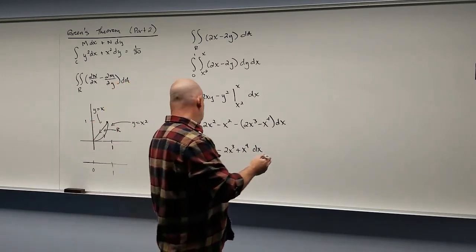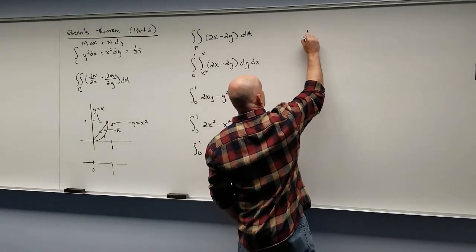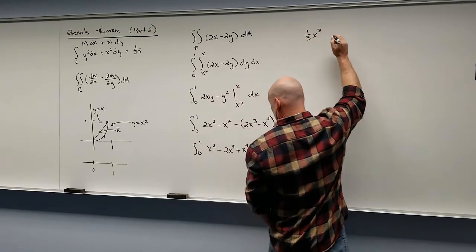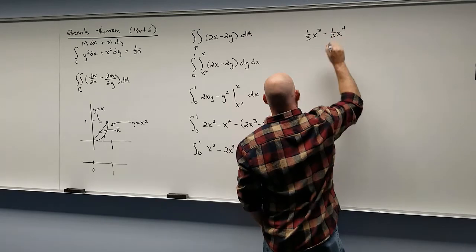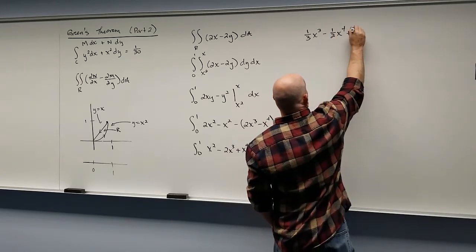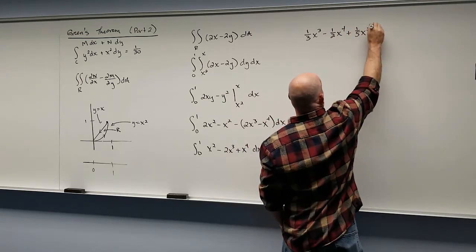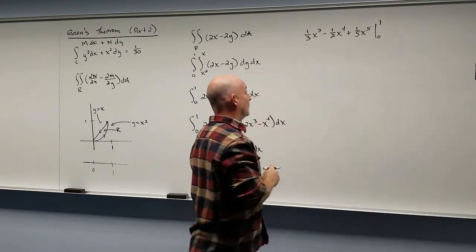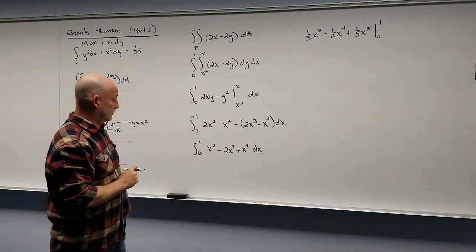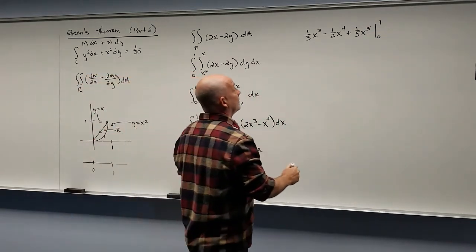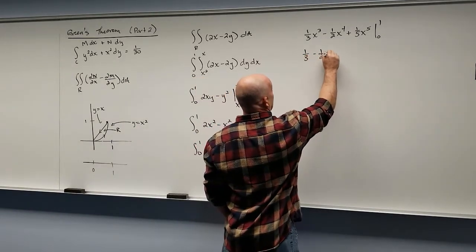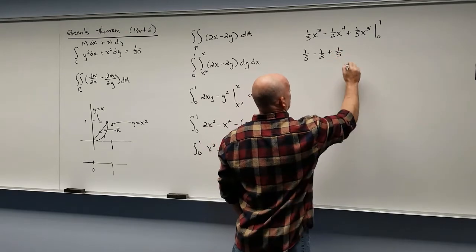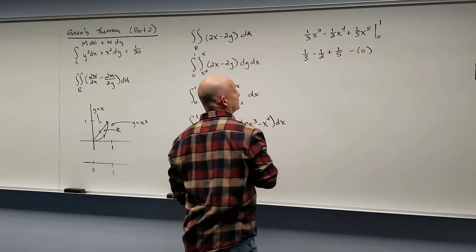All right, integrating each one of these gives me 1/3 x cubed minus 1/2 x to the 4th plus 1/5 x to the 5th, evaluated from 0 to 1. Top endpoint gives me 1/3 minus 1/2 plus 1/5 minus 0.